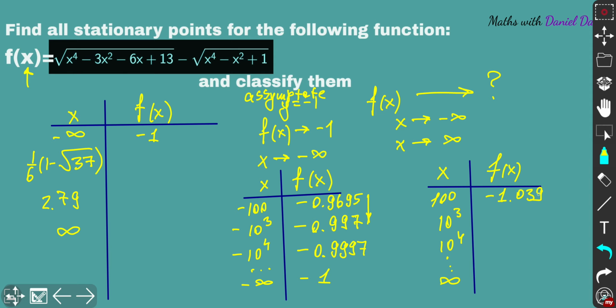Next, 10 cubed, that's going to be minus 1.003. If you plug in 10 to the power 4, you'll get negative 1.003. So you understand that finally you'll approach negative 1. So that means here is also asymptotic behavior when x tends to positive infinity.